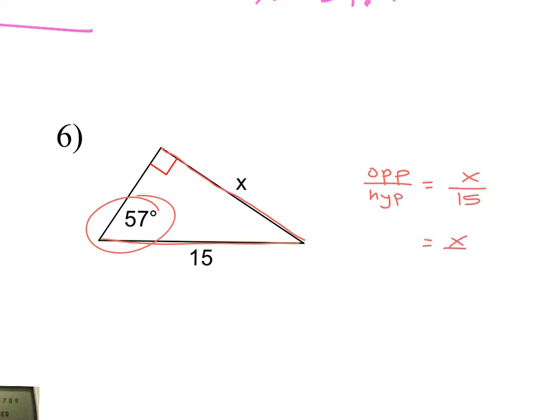And so opposite over hypotenuse is going to be sine, and my reference angle was, oops, I had 65 for my last one. My reference angle is 57. And so to solve this one, I multiply both sides by 15. And I don't have to divide anything. I can just type that right in and find out that my side length is 12.6.